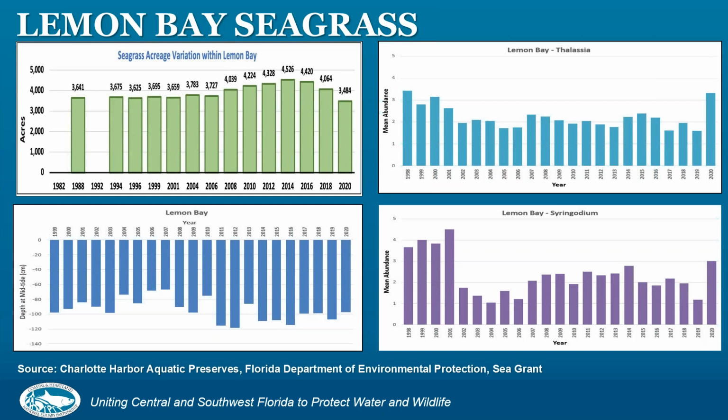And so again, we're looking at the seagrass data as related to Thalassia and Syringodium. We picked a couple of different species in this region, and you can see that there are decreases all across the board that are reflected in the transect data, this quality data, as well as in the acreage data, and that's why we like to look at this together.